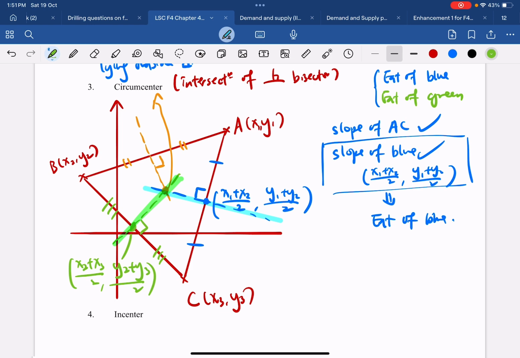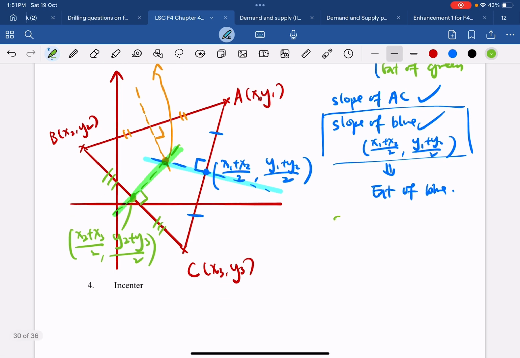Now repeat this process once more for the green line. We know the slope of BC, which means we get the slope of the green perpendicular bisector, because it is -1 over the slope of BC, right? And we also have the midpoint of BC, since the green line passes through it.